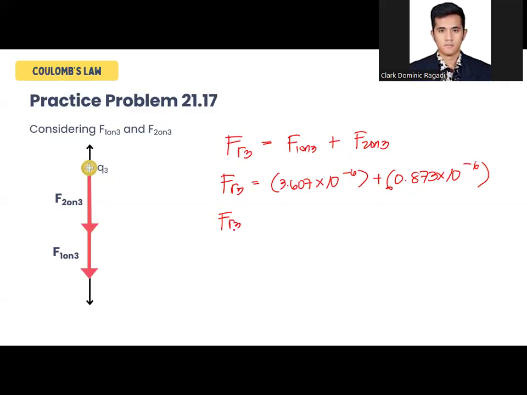So FR3 is equivalent to 4.48 times 10 to the power of negative 6 newtons. If we write this in vector form, the direction is down along the negative y-axis.